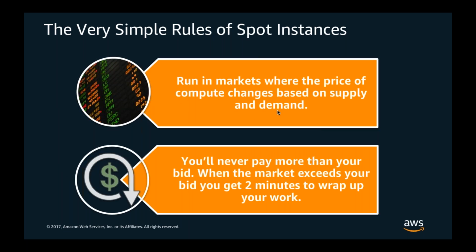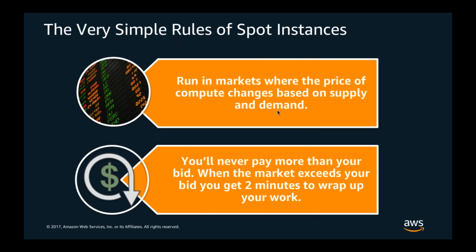The second is that you'll never pay more than what you bid for a spot instance or a cluster of spot instances. You have complete control over how much you're willing to pay, and at any point, if the market price exceeds what you're willing to pay for that compute capacity, we give you a 2-minute warning, and you have a choice when you launch the instances of either those instances being stopped or terminated, and we'll handle that for you automatically.